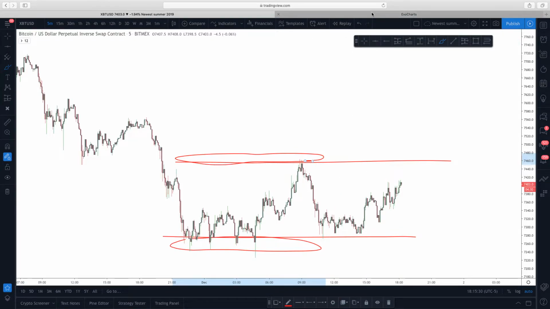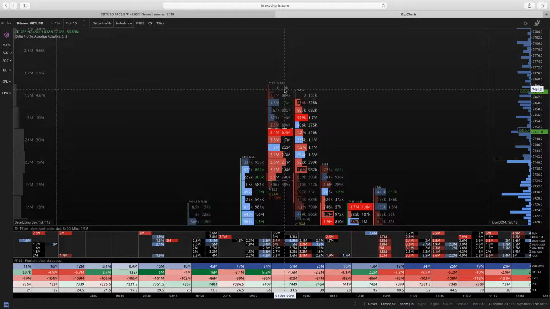So when price comes up and we see that there is a zero print up here, what that means is that up here this was passively sold, so there are passive sellers up here, but there are no aggressive sellers at these two points. So when price walked upward, it didn't find any new sellers. It didn't find any interested sellers. So price will end up finding areas where buyers and sellers are interested.